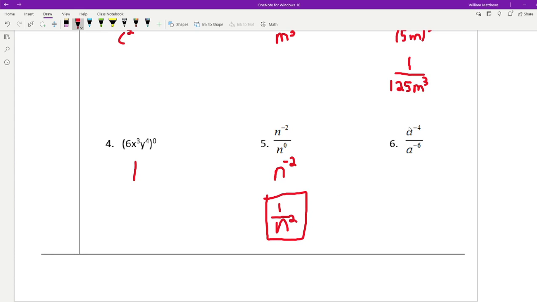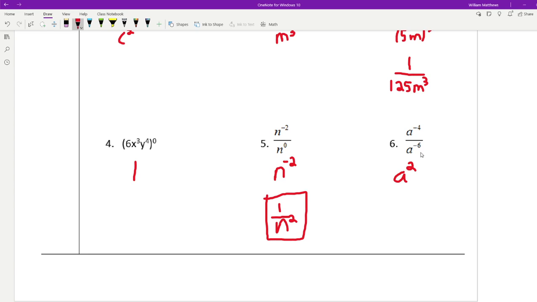Our last example. We can do this different ways, but I'm going to follow it from the steps that I've already taught y'all in that order, where we will subtract the exponents using the quotient power rule. In this case, we would have negative 4 minus a negative 6. Minus a negative is just adding, so we end up with a squared.